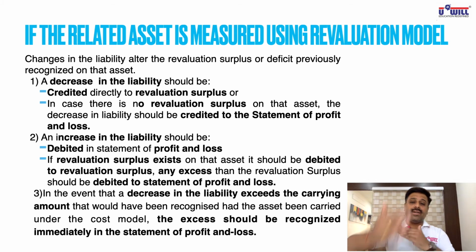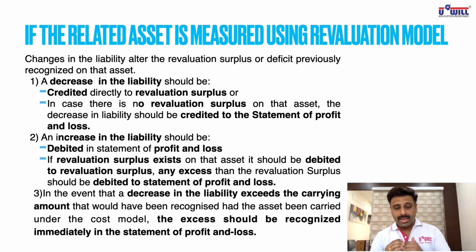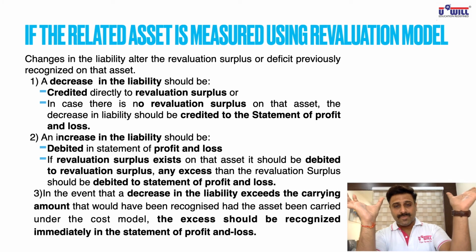Now in future, you again revalue it. So again two things are possible, it may be up or it may be down. Now in future when the revaluation goes upward, let us say in future again it goes up by 10,000. In the past, if we have already revalued upward, then same treatment. That 10,000 you again transfer to revaluation reserve.